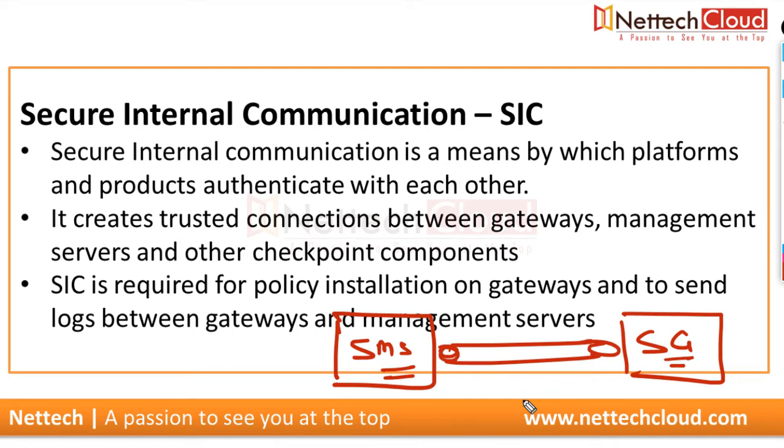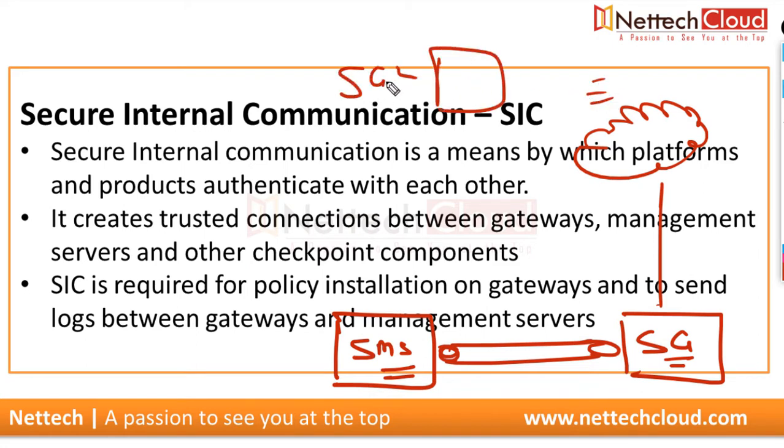Because not all gateways will be local gateways, right? Other gateways are remote gateways. And we don't know about the transport. There can be different transports like MPLS, internet, or any other transport, and the gateway, SG2 or SG3, is connected to this transport.